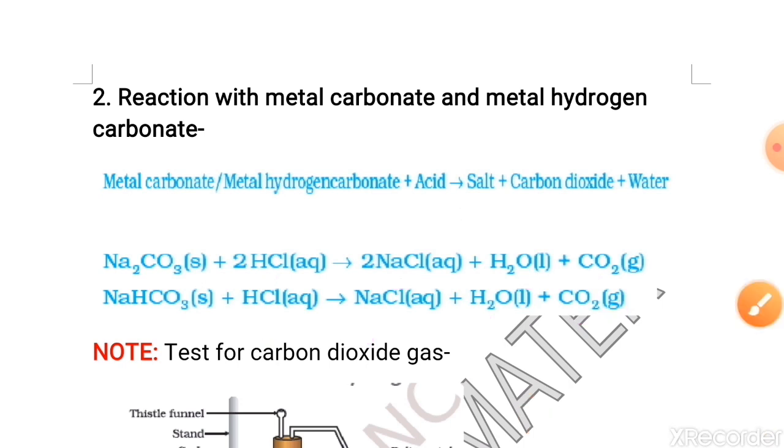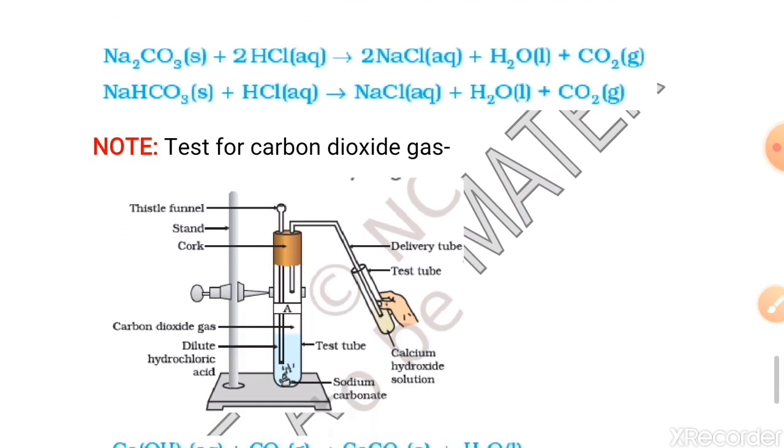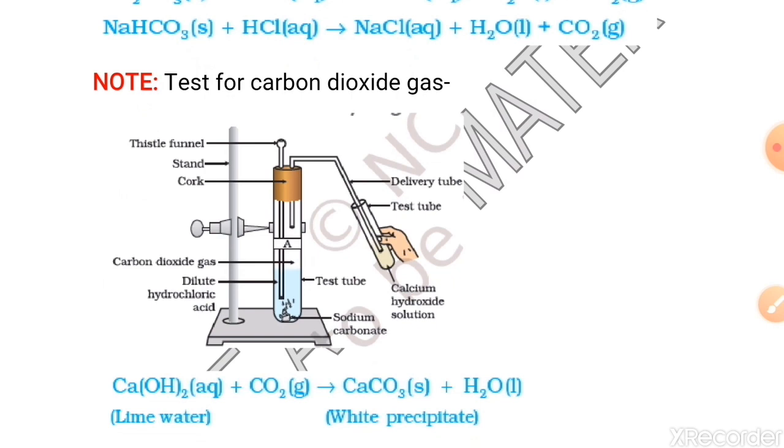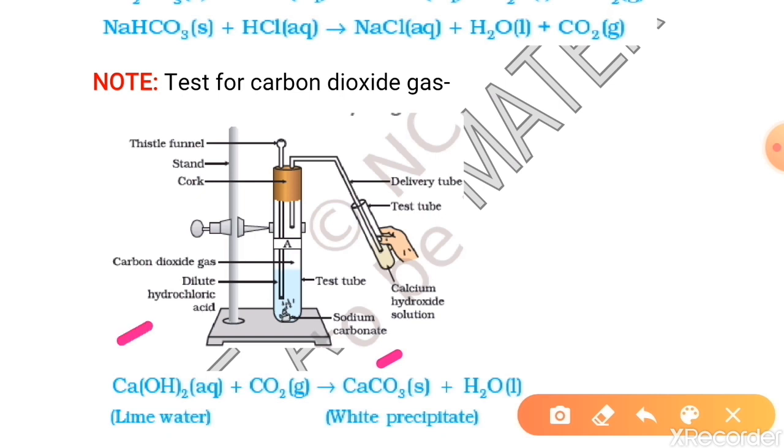Students, now we will study how we detect the presence of carbon dioxide gas in a chemical reaction. Let's say here in this test tube we have taken sodium hydrogen carbonate or sodium carbonate with dilute hydrochloric acid. As we know, when these two react with each other, CO2 gas will form.